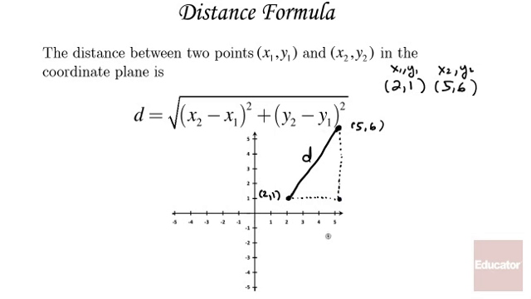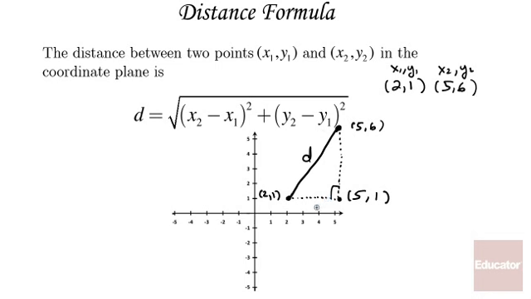So what I'm going to end up with is a third point, and this third point is going to be at x is 5, y is 1. Okay, so I started out with 2 points, I want to know the distance between them, and I developed a third point based on the location of these 2 points to form a right triangle.